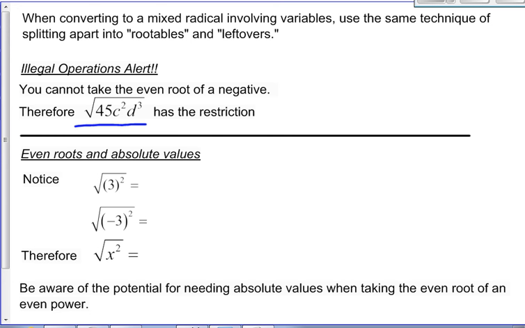It may not be a pretty one. C squared, you could put anything in for c. Even if you put negative 2 in, no problem. You still have a positive underneath that root sign. D cubed, you cannot put in negative numbers for d because that would cause the whole thing to be negative and there's no square root. So this has the restriction d is greater than or equal to 0.